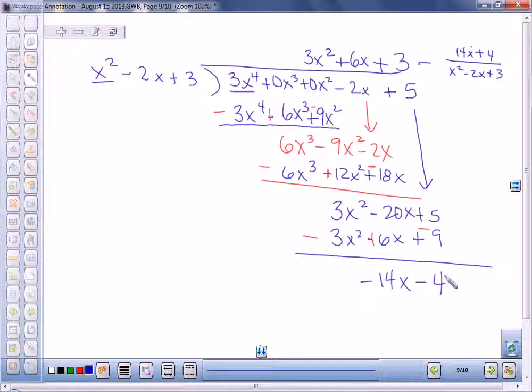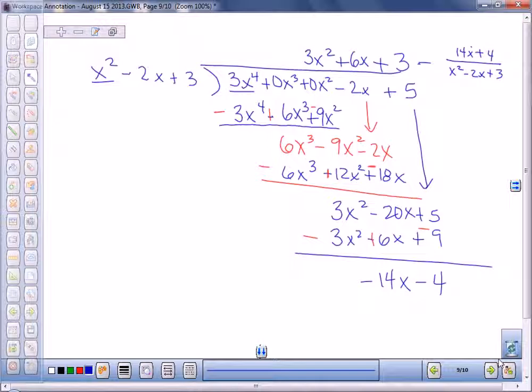Now, almost every time I show you something that seems long, there's got to be a shortcut. There is a shortcut. It's called synthetic division. But synthetic division only works in specific cases. It only works if your divisor is a binomial. It only works if it is a linear binomial.